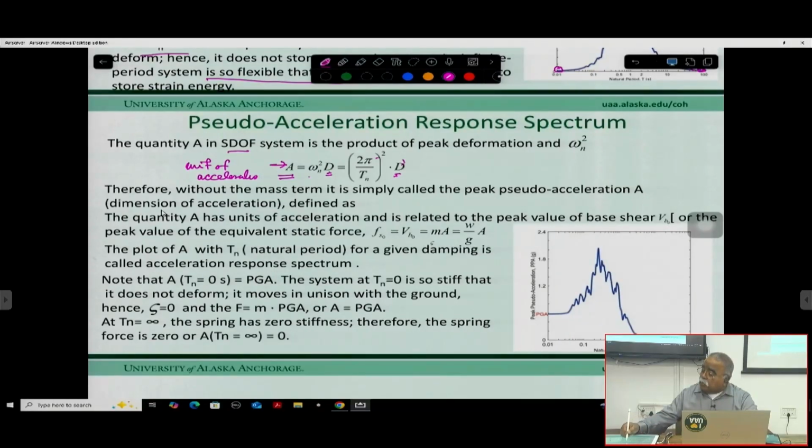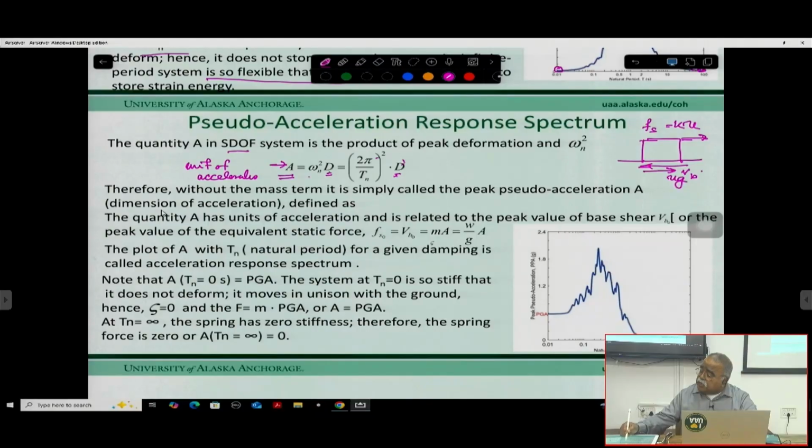Now, so if this is a building, but there is a UG, or the ground motion, and then there is a U. So that means this will be the K into U is basically the spring force. And that spring force, if it's tried to move it here, this has to be balanced by the shear at the base. So this is a VB, right?